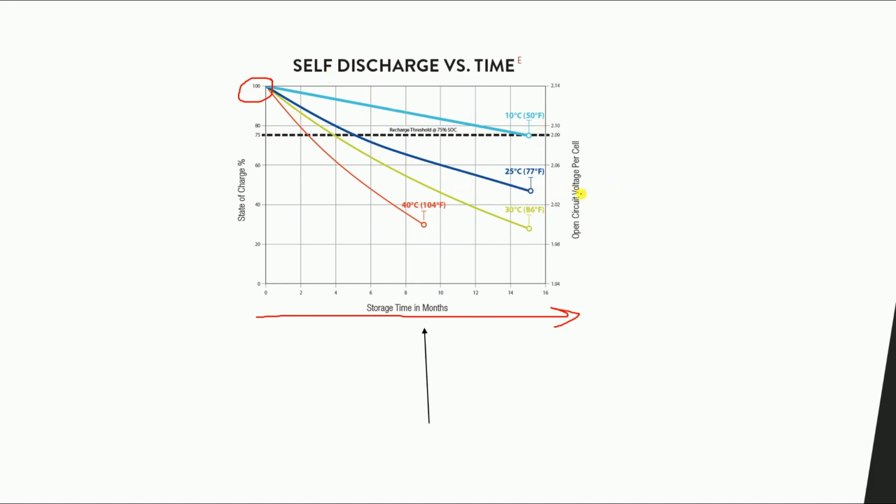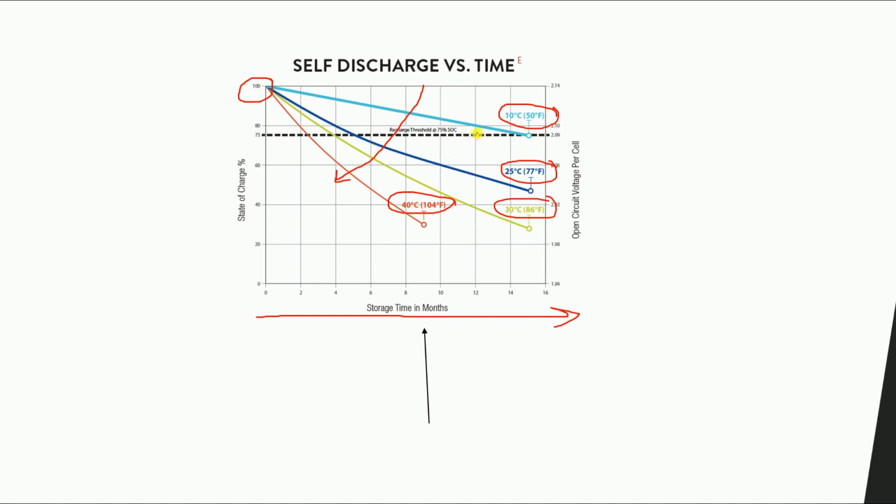Because the battery has its own internal chemical reactions, which lead to self-discharge of this battery. The self-discharge changes depending on the temperature, 10 Celsius, 25, 30, 40. So the lower the temperature, the lower the self-discharge happening to the battery.